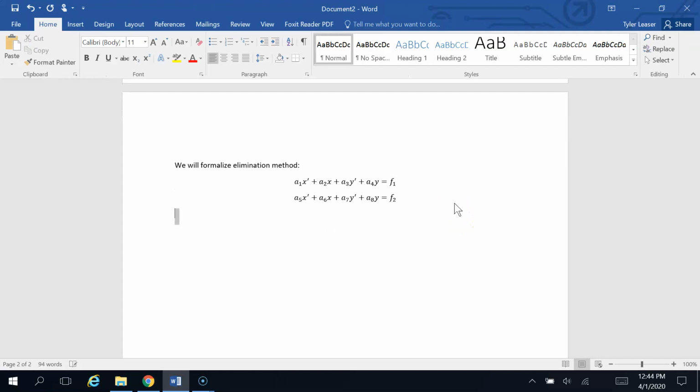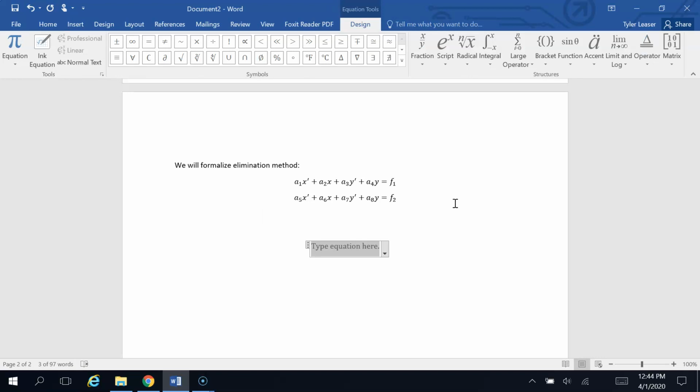So what we're going to do now is rewrite our two equations here, but using the operators. That first equation is now going to be (a1 D plus a2), that operator acting on the function x, plus, from these other two terms here, (a3 D plus a4), that operating on the function y, and it's still all equal to f1.